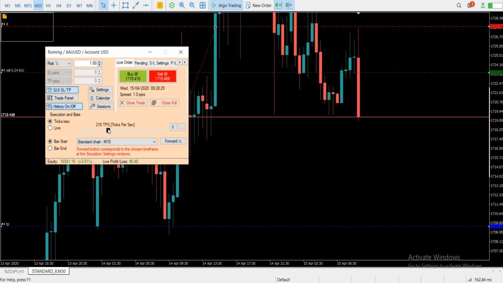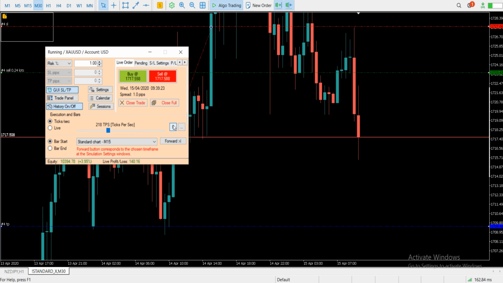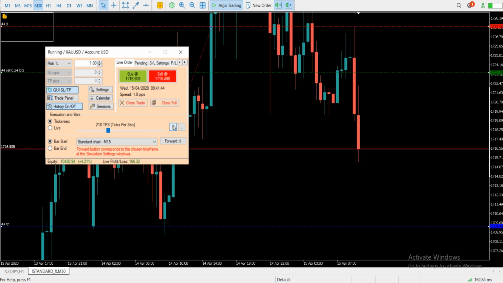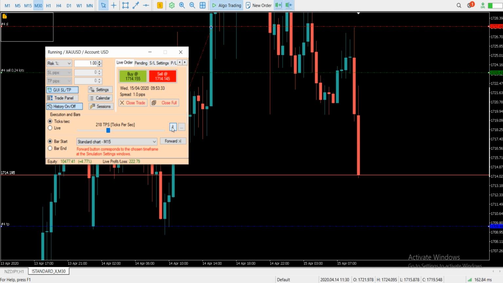Speed it up more. Wow, there's a lot of volume in the markets right now. Are we gonna hit the take profit? Once price reaches closer to this area, I will look for closing the trade.